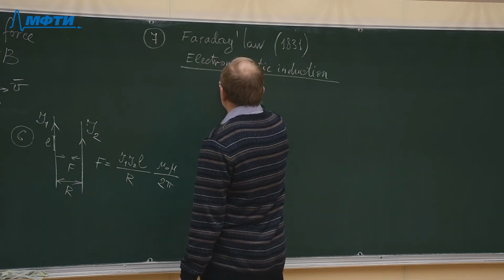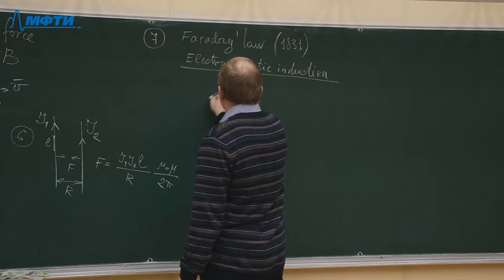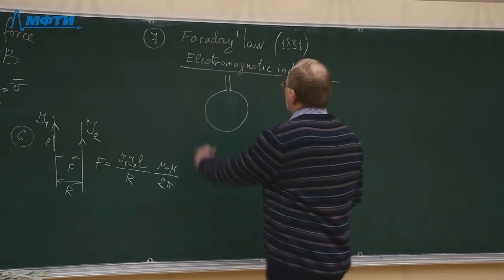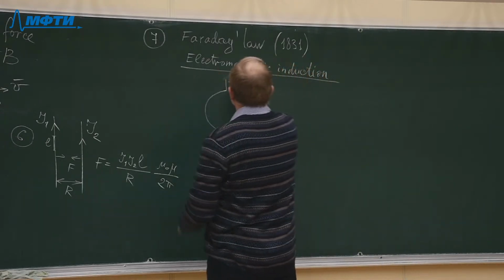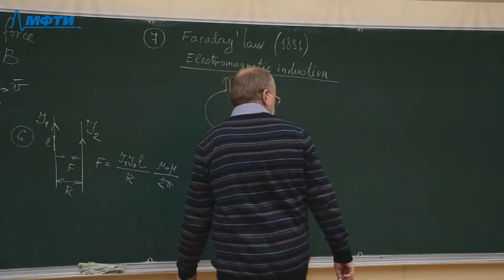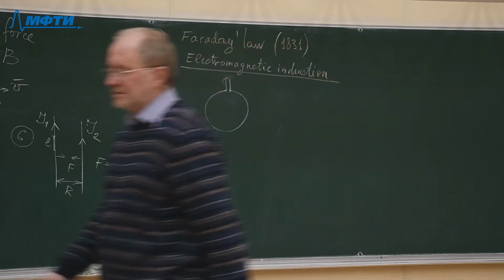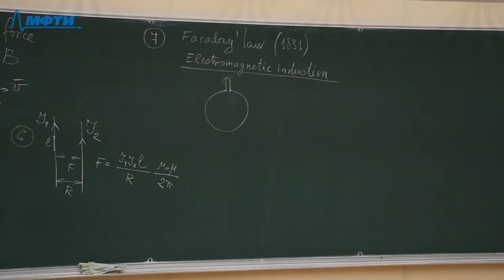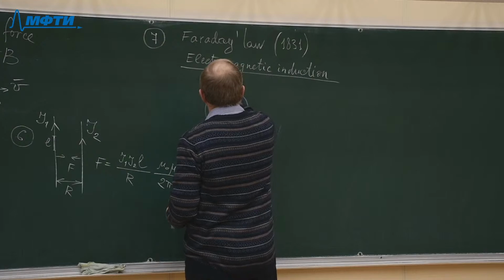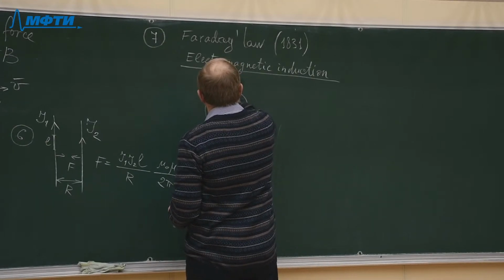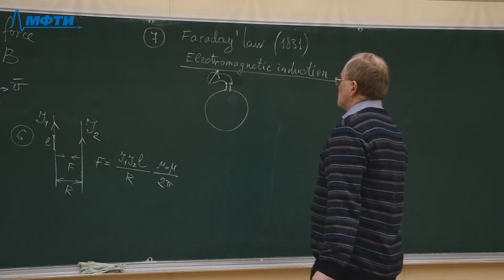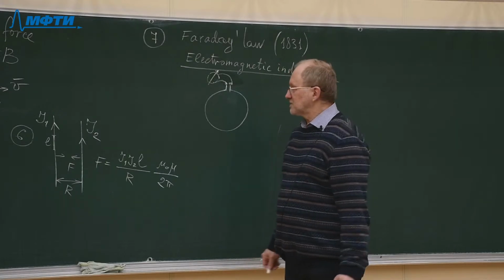If we take a wire loop and attach a galvanometer here, a galvanometer is a device which measures very small electric currents.